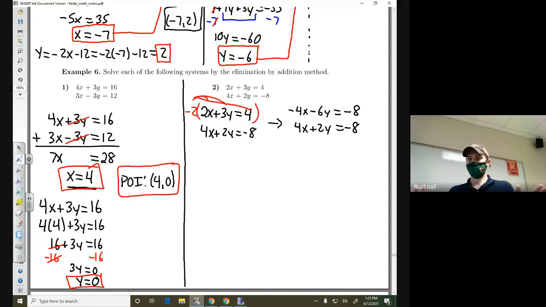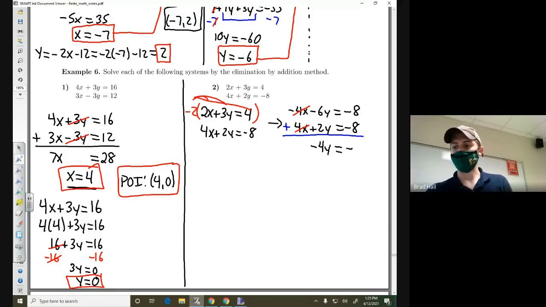And so now we basically just change the problem we're looking at. Now notice we have a -4 and a +4, which means we can add them together. So we can now add these two together. And exactly what we wanted, -4x and +4x cancel. We can just add column by column still. It's -4y is equal to -16.